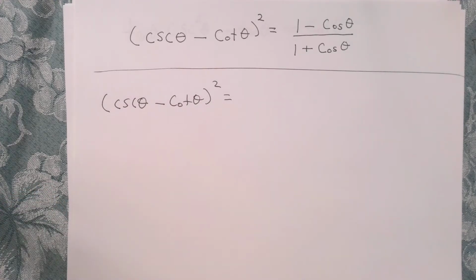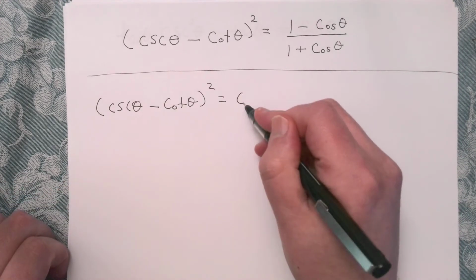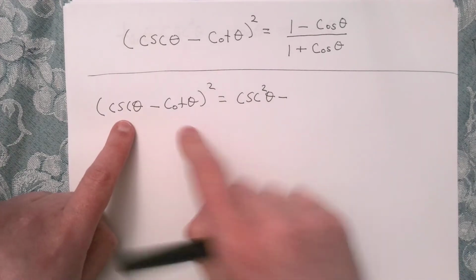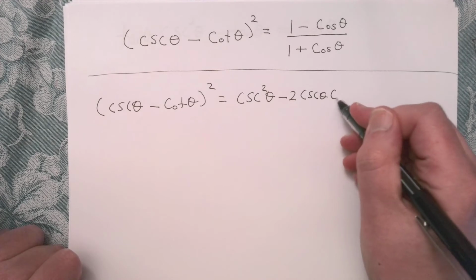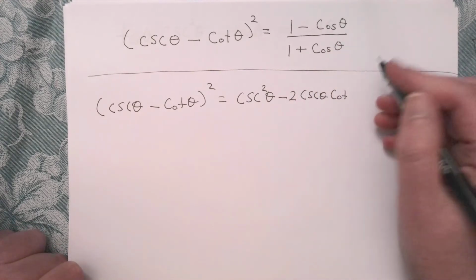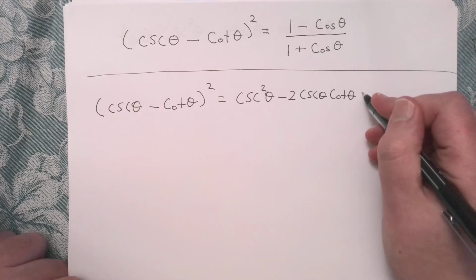Okay, so let's square this out. Let's see what happens. So that'll be the first term squared minus 2 times the product. Is everyone at home yelling at me? No, work with the right side, work with the right side. Let's have some fun.